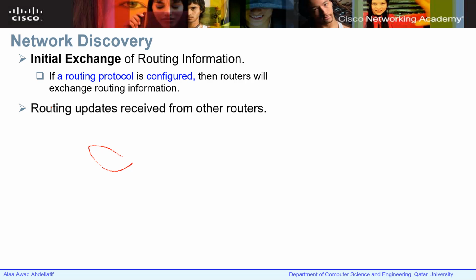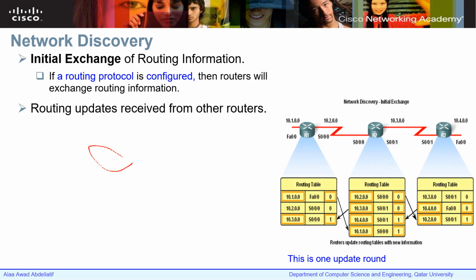After receiving these updates at each router, I will update my routing table. Let's see the second step. In the first step it is hop 0. I have directly connected routes. Now, this initial routing table will be sent to R1 from R2.